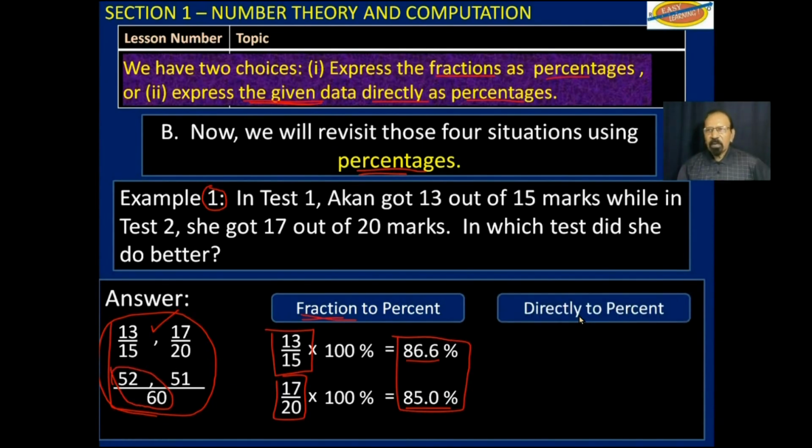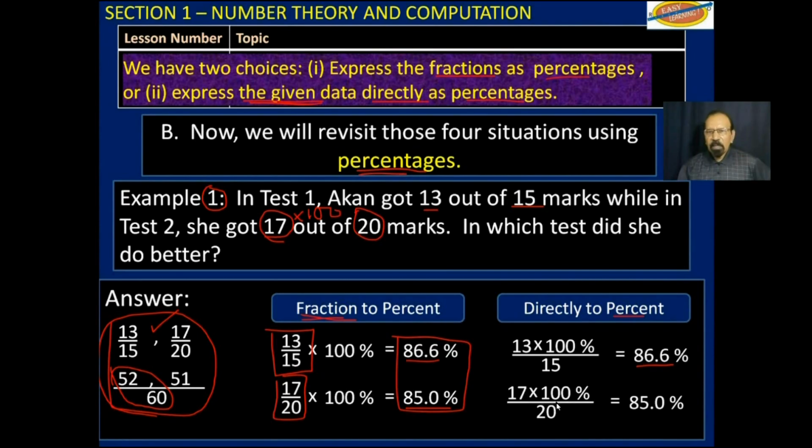Now, let's carry those quantities directly to percent. And in this case, you will multiply the 13 by 100% and divide by 15. So 13 multiplied by 100% divide by 15, and we get 86.6%, which we should. And test 2, 17 multiply by 100 divide by 20, and we get 85%.